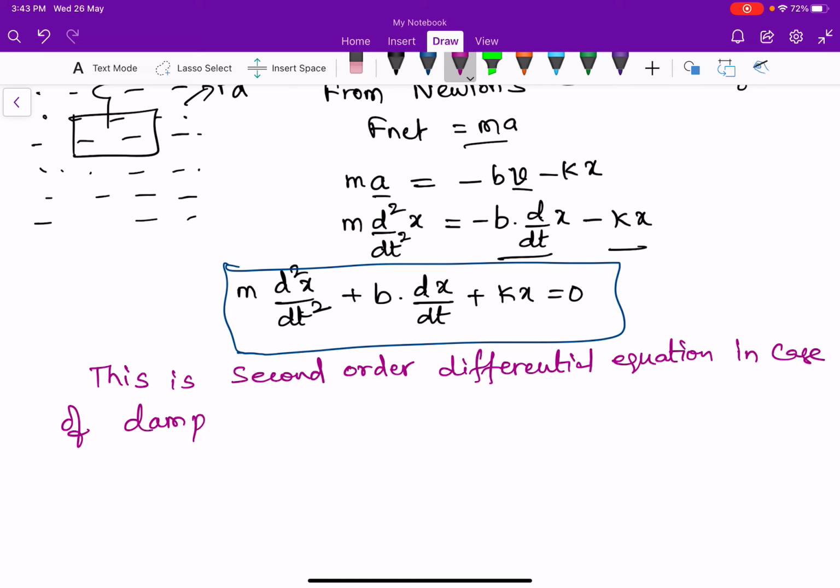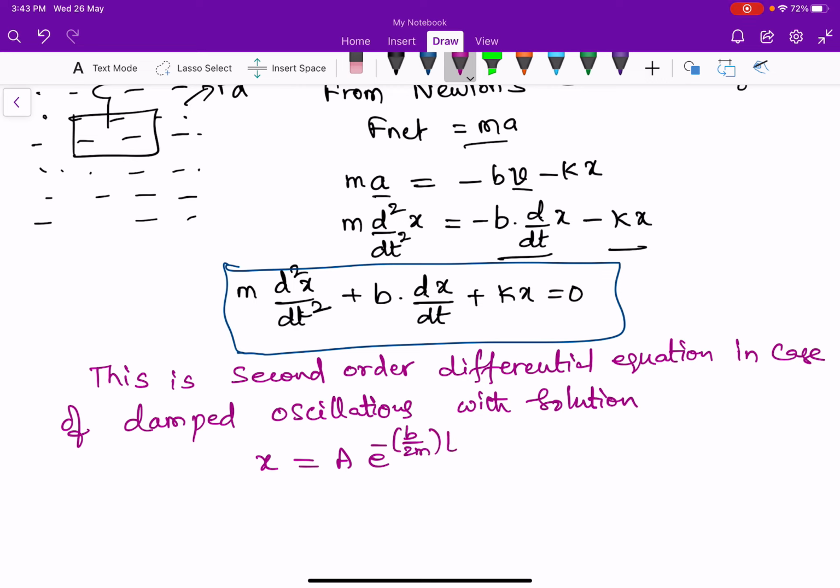In case of damped oscillations, when damping is present, the solution is x equal to a e power minus b by 2m into t and cos of omega dash into t plus phi, where this a e power minus b by 2m t is nothing but the amplitude in the case of damped harmonic oscillations.